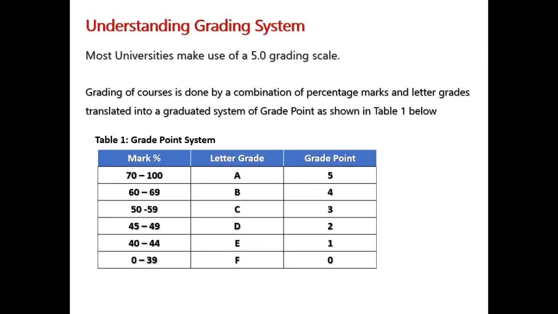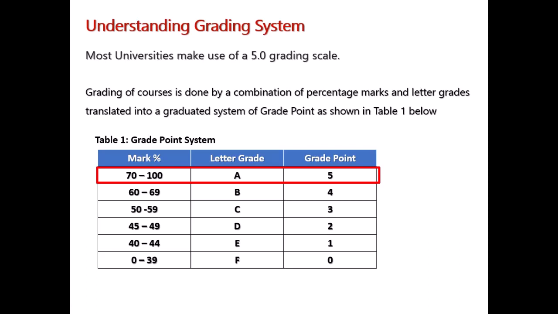Now, if you look at this table, for example, the grade point system. If in any course, maybe a calculus course or an engineering course or a technology course, any course at all, you have a mark between 70 to 100, the letter grade that you'll be awarded is A. The grade point for that particular grade, which is A, is 5.